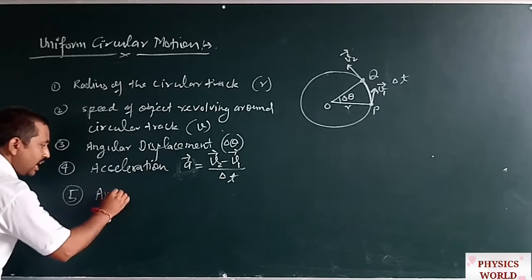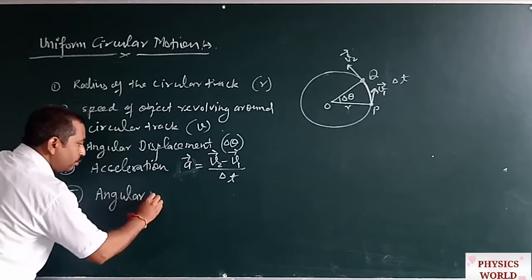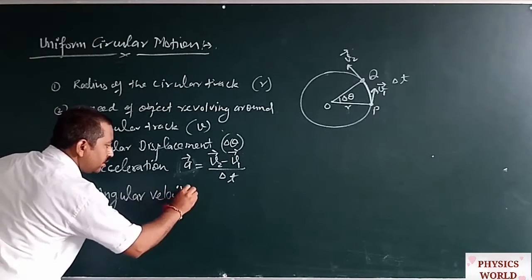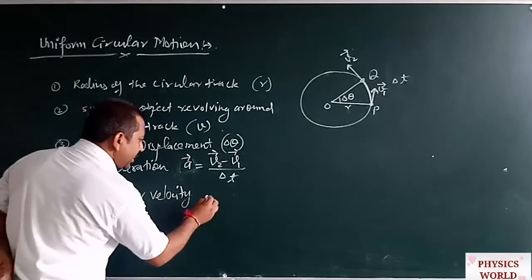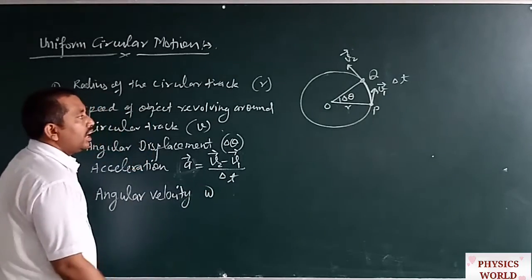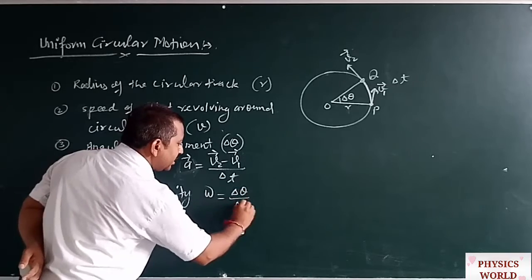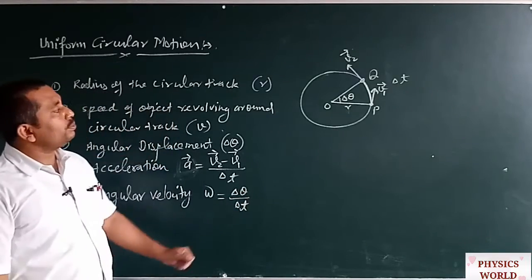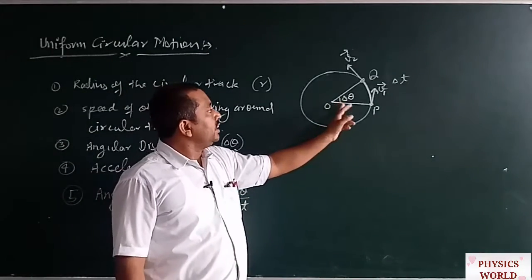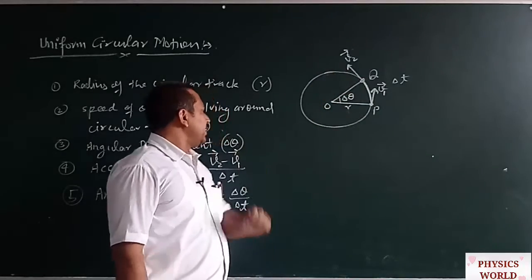So the next term is angular velocity, and this can be defined as omega, and this is equal to delta theta by delta t, the rate of change of angle formed at the center due to the revolution of the particle.